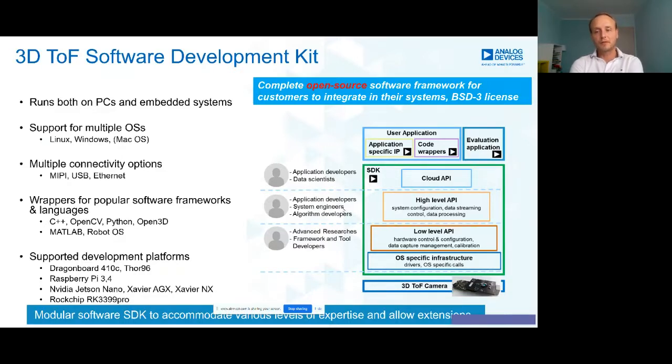As I said previously, the SDK is open source. It's provided under a BSD3 license so that anyone can use it as is, integrate it in their product, do prototyping with it. It's a complete open source implementation that can be freely used by anyone who's interested.